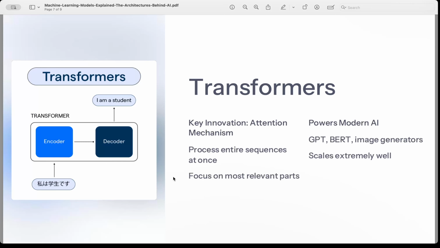Essentially, attention allows the model to look at an entire sequence at once and decide which parts of the input are most relevant. As I previously said, transformers are the architecture behind LLMs like GPT, BERT, and many image generation systems. And they scale incredibly well, which is why they dominate state-of-the-art AI today.